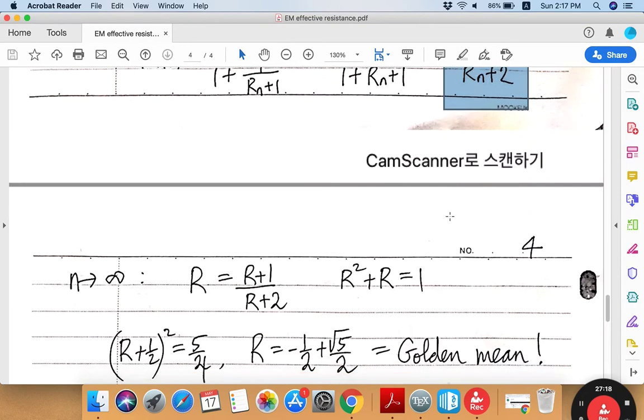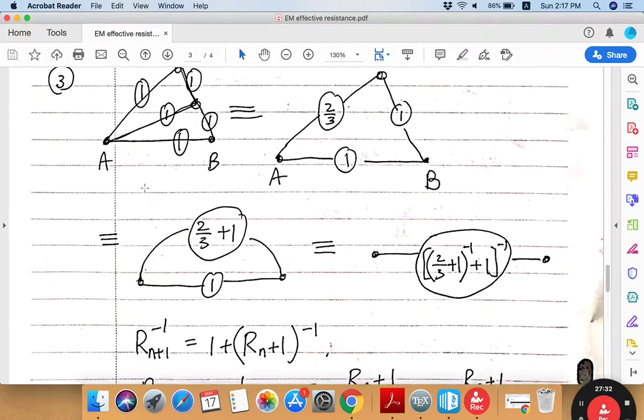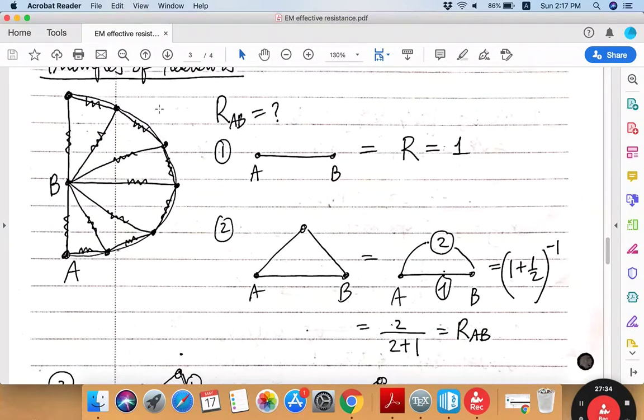So now, an even more interesting situation is when this n goes to infinity. Okay, so when n goes to infinity, that means I take this semicircular ring and I cut it into infinitely many different slices.